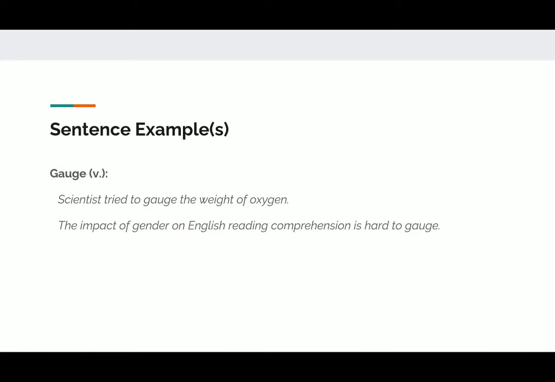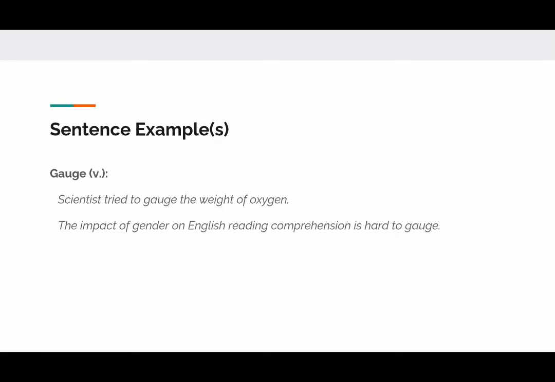Let me give you some sentence examples. The first example is, scientists try to gauge the weight of oxygen. The second example is, the impact of gender on English reading comprehension is hard to gauge.